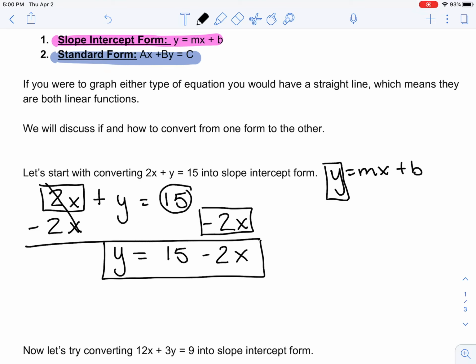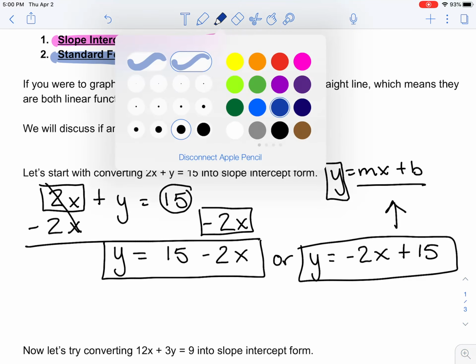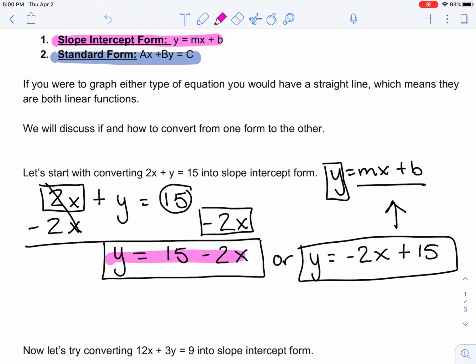If you want it to look exactly like this, you can change it to y equals negative 2x plus 15 by just flipping the order so that the negative 2x plus 15 truly resembles that y equals mx plus b form. Either of these answers are acceptable.